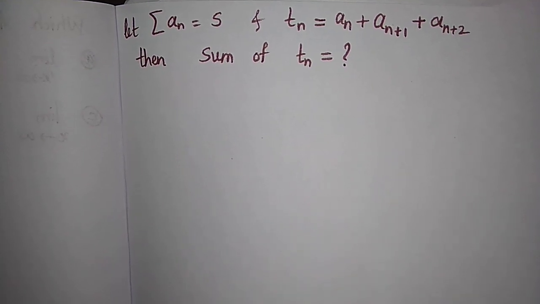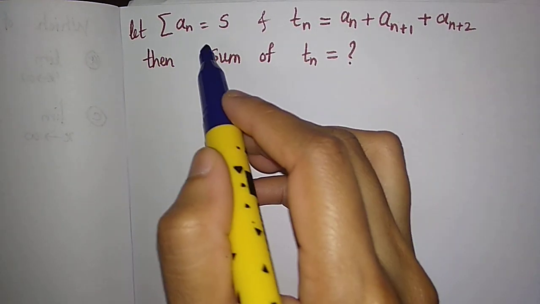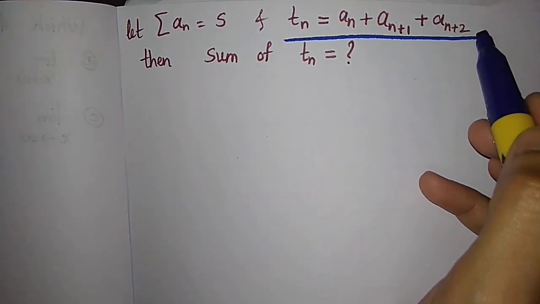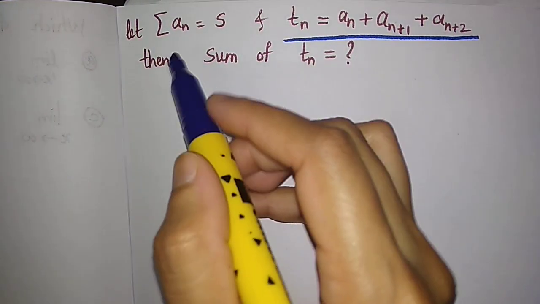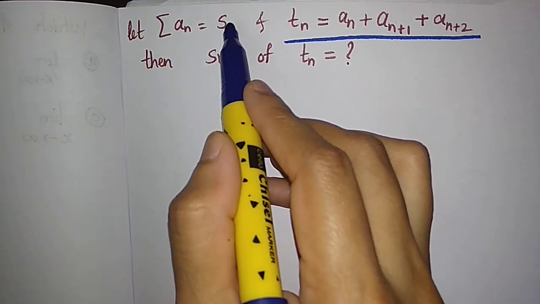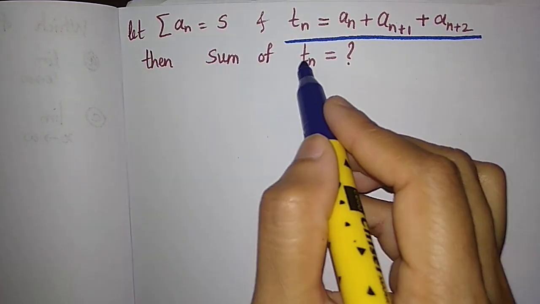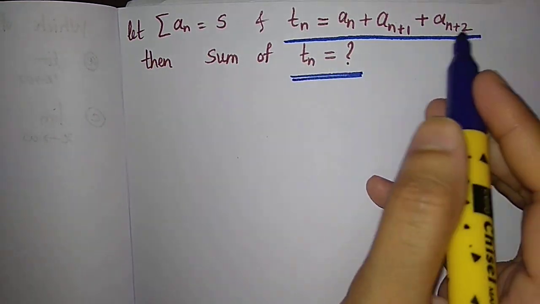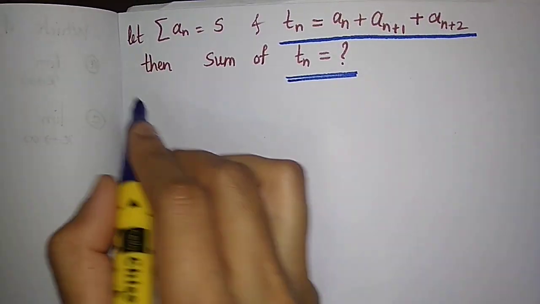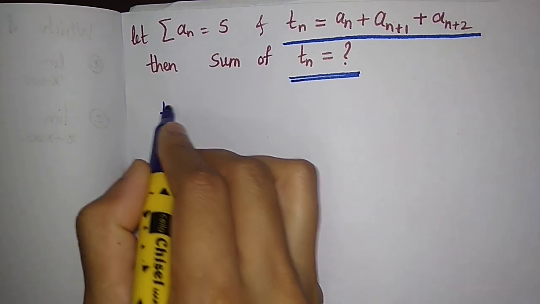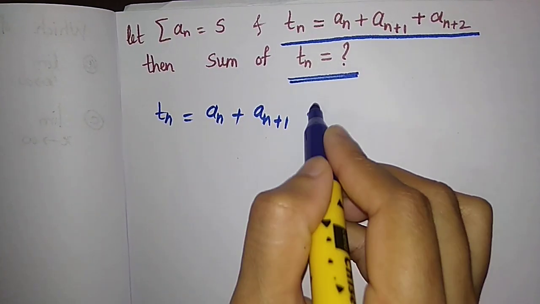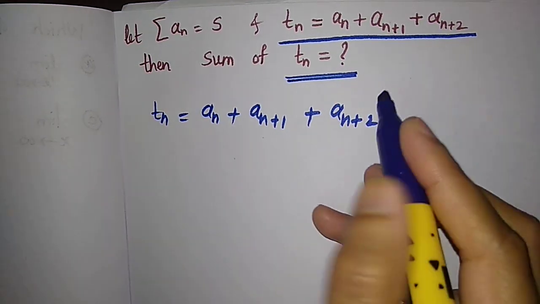Now the next question is, we are given Tn is equal to a(n+1) plus a(n+2), and it is just a notation, summation an is equal to s. Then the sum of the sequence Tn is equal to what? So Tn is just equal to a(n+1) plus a(n+2).